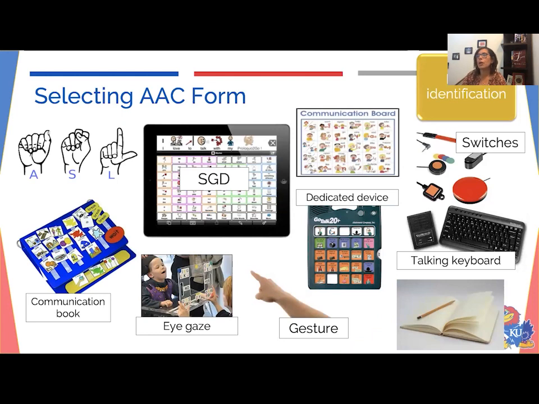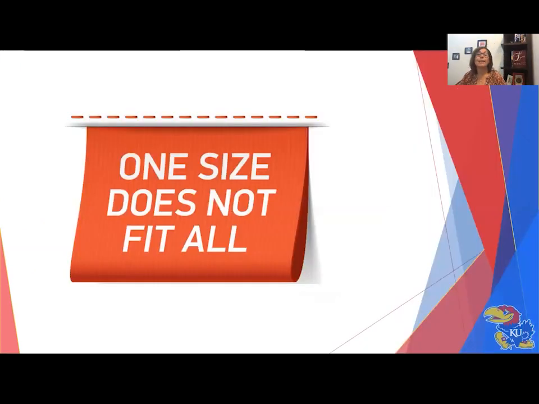And we also talked about how different students can present with different needs. So the lesson to be learned about selecting AAC form is one AAC system does not best fit all students. I'll repeat, one AAC system is not the best fit for all students.